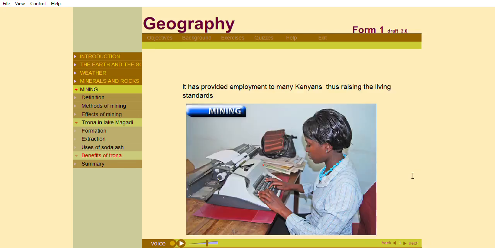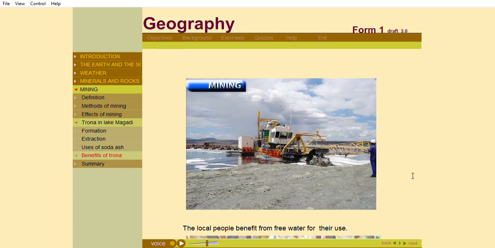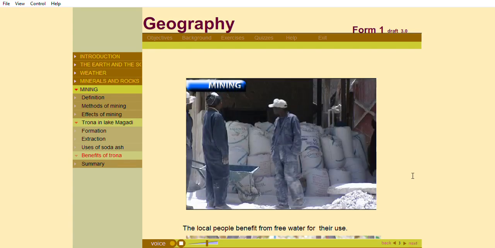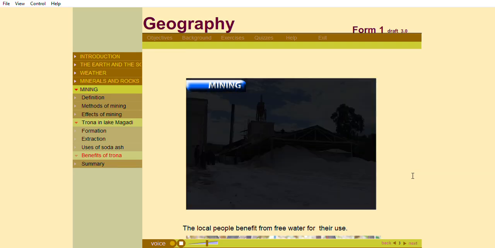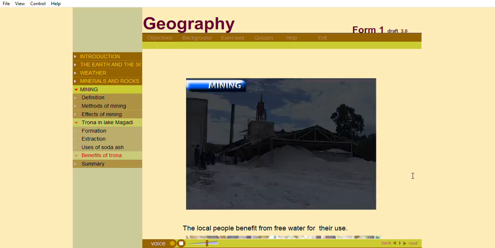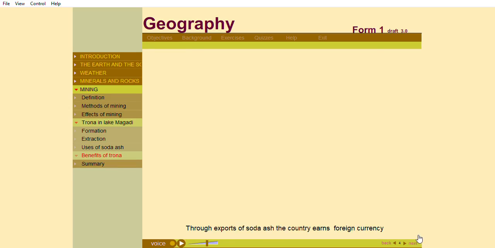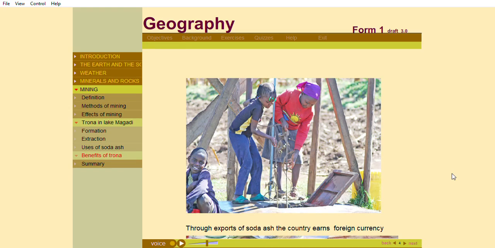It has provided employment to many Kenyans, thus raising the living standards. The local people benefit from free water for their use.